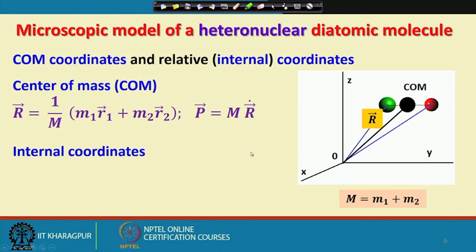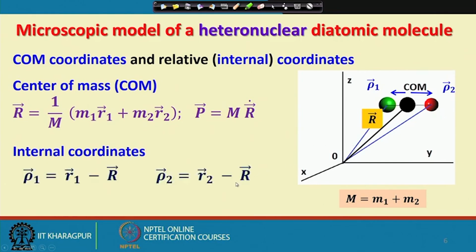Now, then what do I mean by the internal coordinates? I find that with respect to the center of mass, atom 1 is now located at this position, which is given by this particular vector rho 1. Similarly, I can assign another vector to denote the position of the atom 2 with respect to the center of mass, and these are now termed as the internal coordinates, defined as rho 1 and rho 2.